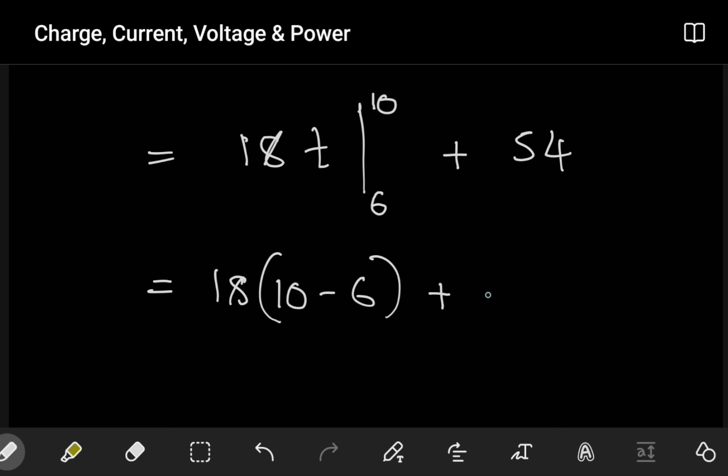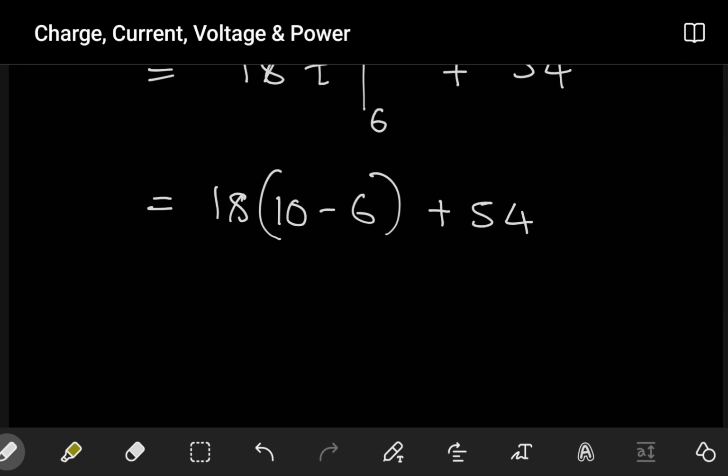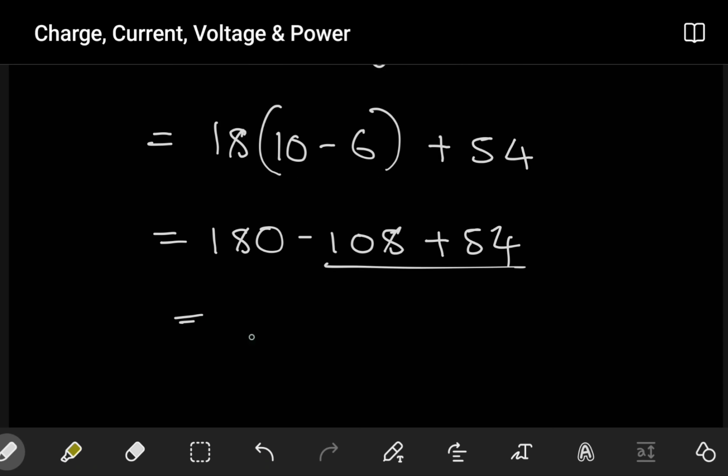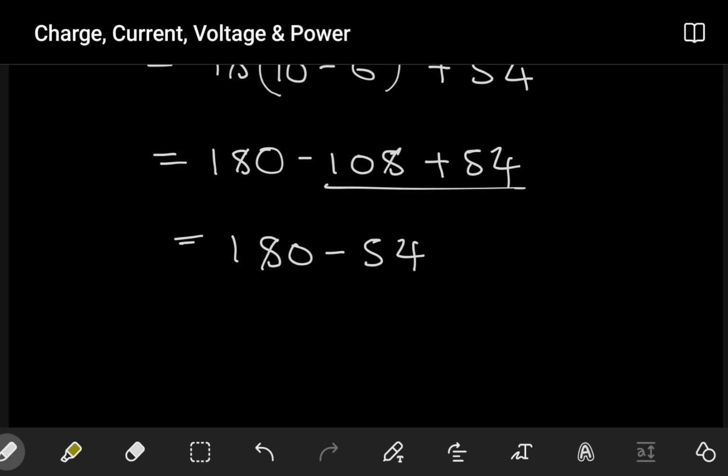Then plus the 54, of course, which was already present. When we multiply, this becomes 180, and then minus, when we multiply with 6, this 108, then plus 54. So of course, these two will just give us minus 54, so that in the end, when you get the difference, we get 126 coulombs.